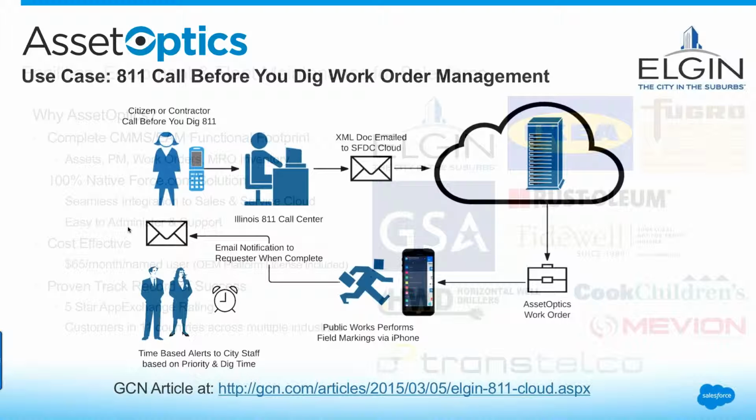Because some of these are 48, 72 hours in advance, but some of these are emergency conditions where a construction crew might very well have knocked out a utility line of some sort, and then further repairs have to be made. So whenever the work order gets received and generated into AssetOptics, a notification gets presented to the technicians in the city who have responsibility for doing these underground utility locates.